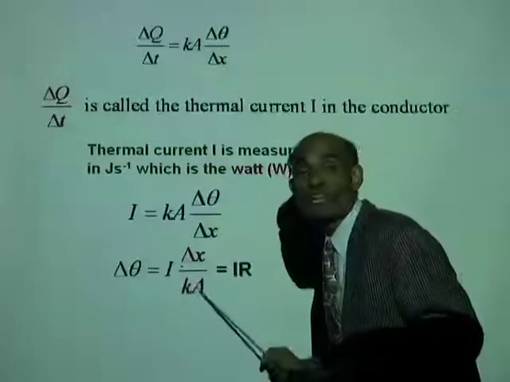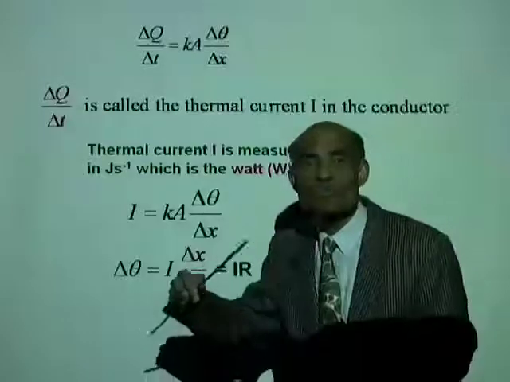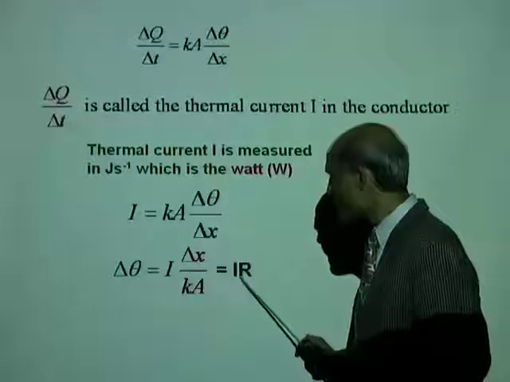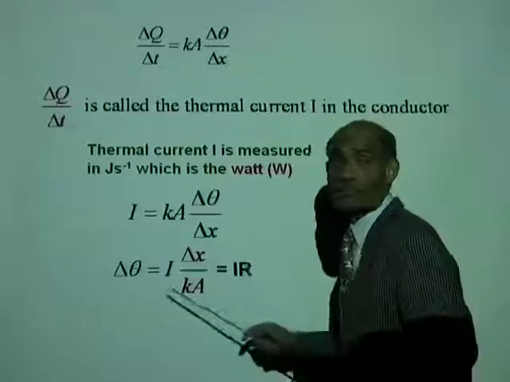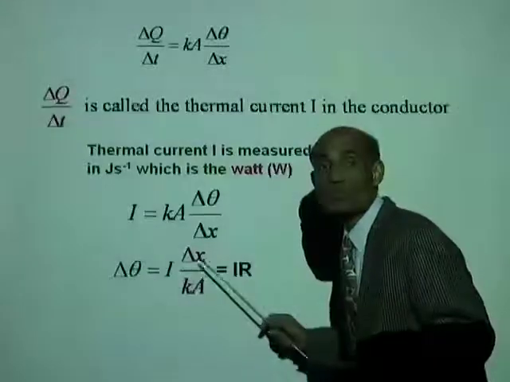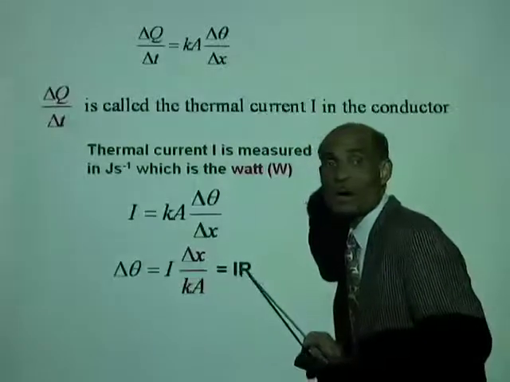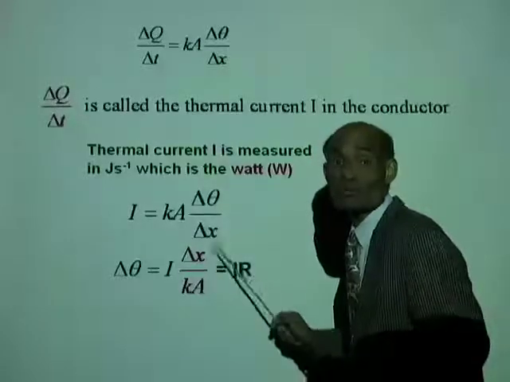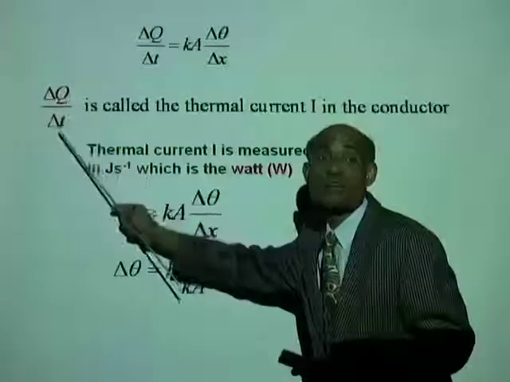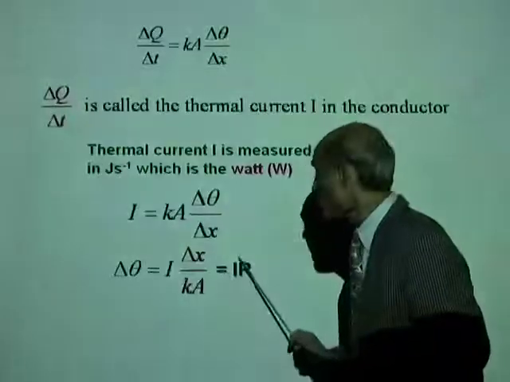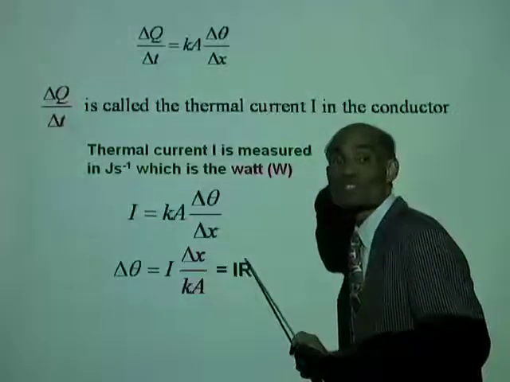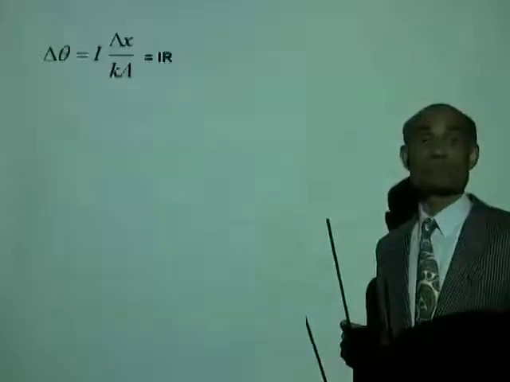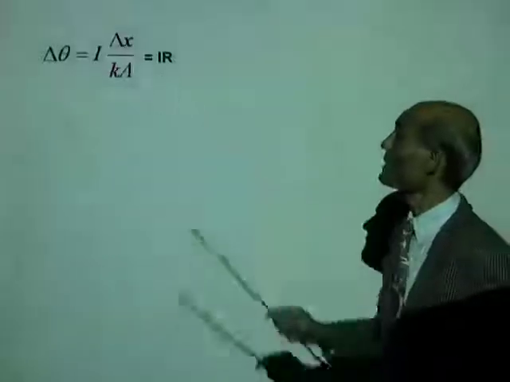This quantity is called the thermal resistance of the material, and I represented that by R. So delta theta equals I times R, where I is called the thermal current, that is delta Q by delta T, and R is called the thermal resistance, delta X divided by K a. Alright, so that's our equation.